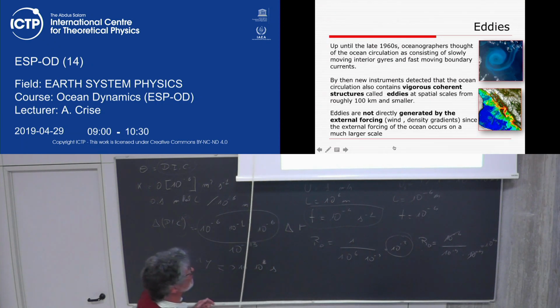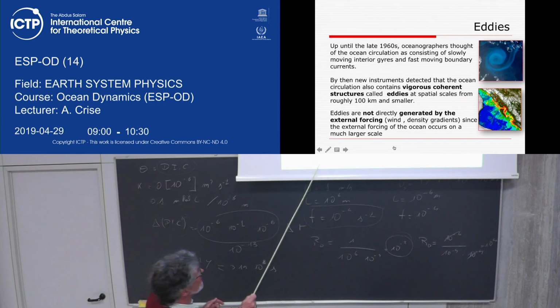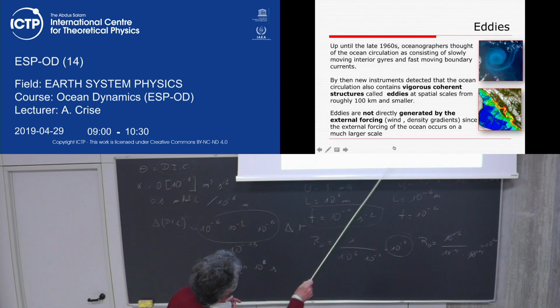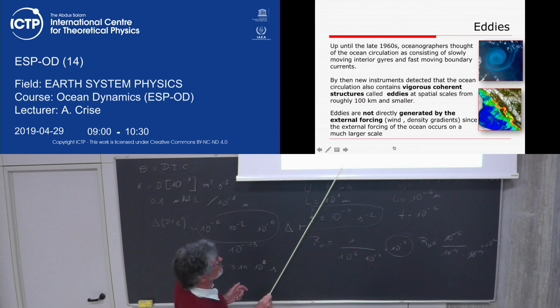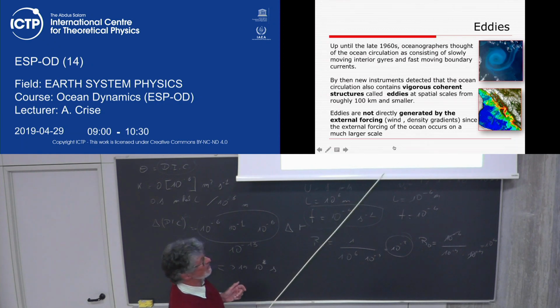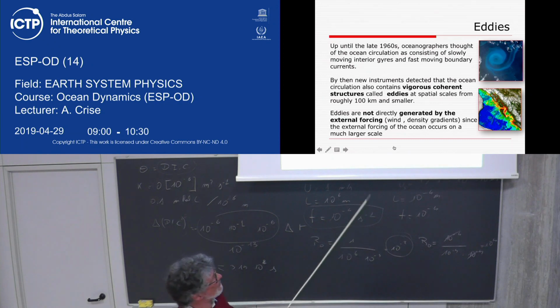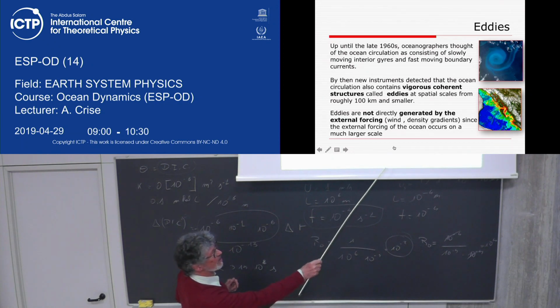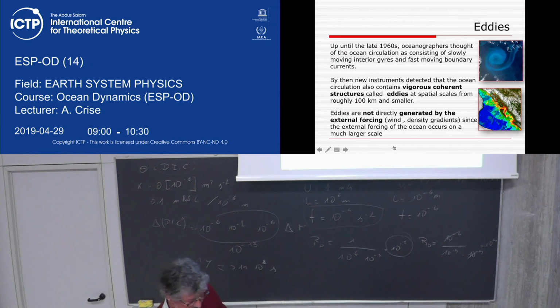What is really important is the fact that they are not directly generated by external forces, wind or density gradient. The density gradient plays a role in the adjustment, but they are not directly generated by that. And this is an interesting feature.